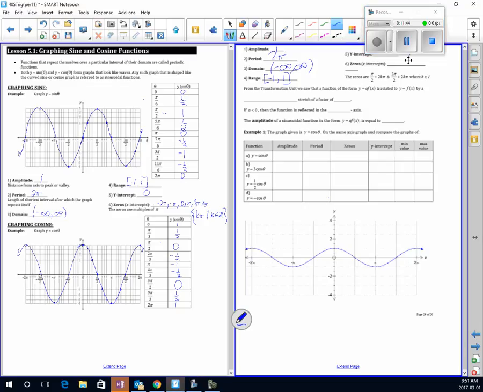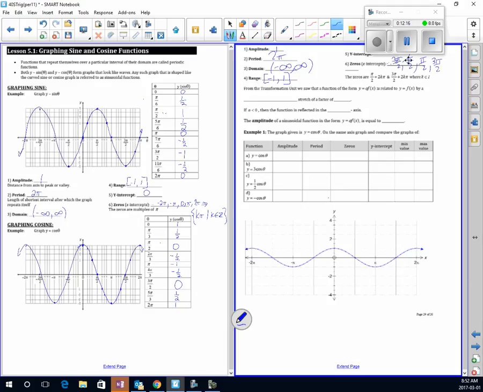My zeros. Well, what is it right there? 1, yeah? Okay, so now, what are my zeros? It's negative 3 pi over 2, negative pi over 2, positive pi over 2, positive 3 pi over 2. So I'll go dot, dot, dot, negative 3 pi over 2, negative pi over 2, pi over 2, 3 pi over 2.